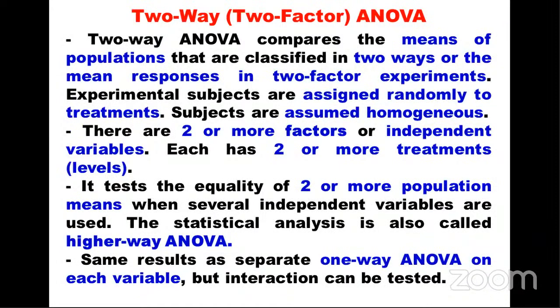Now, two-factor ANOVA. This is an important thing, and similarly for three-factor also we can do it. Two-way ANOVA compares the means of populations that are classified in two ways, or the mean differences of the two factors. There are two or more factors or independent variables. Factors here are independent.